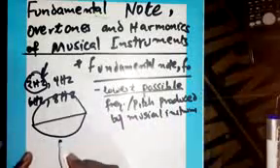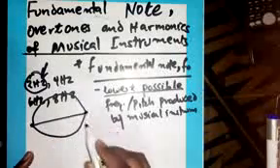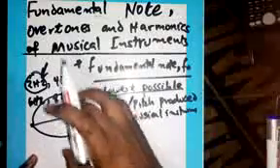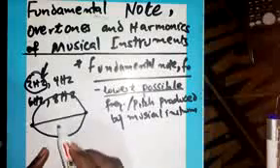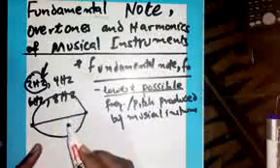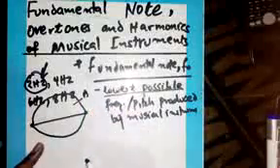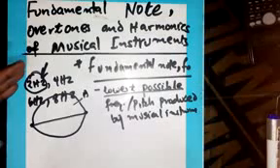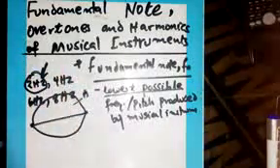Do you see this shape of a string when it's plucked once? Remember, it is fixed on each end. Now when you pluck at the middle, it forms the mode of vibration like this one. The mode of vibration here has high amplitude. Therefore, the fundamental frequency has low frequency, but it has high amplitude.